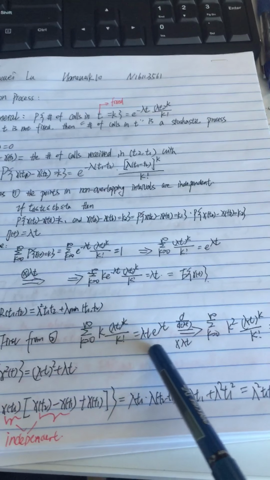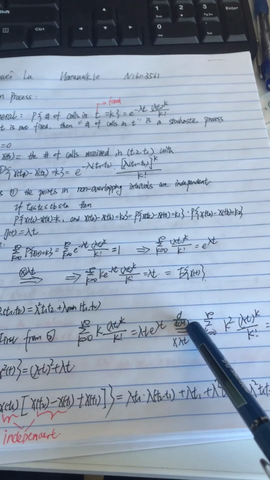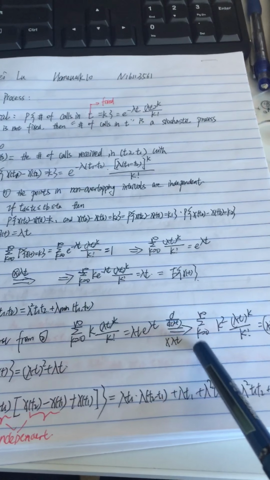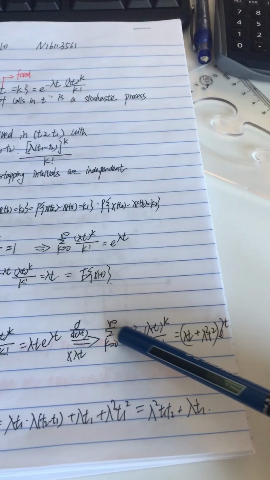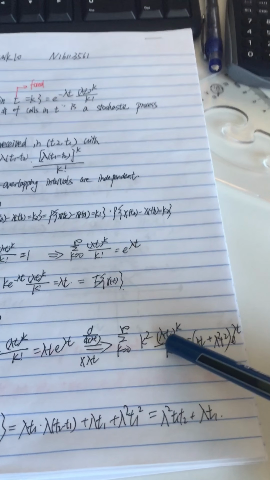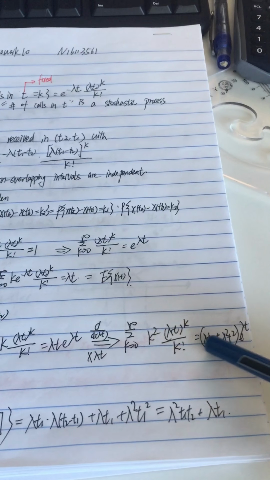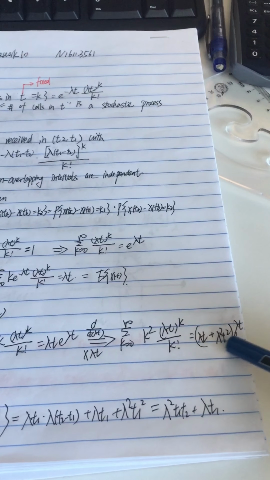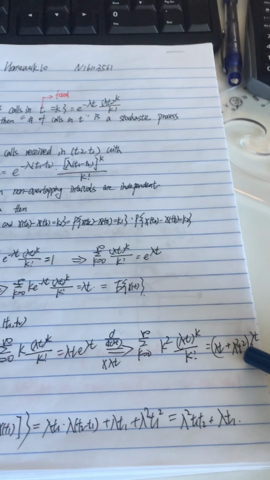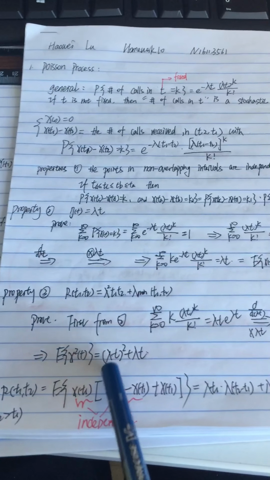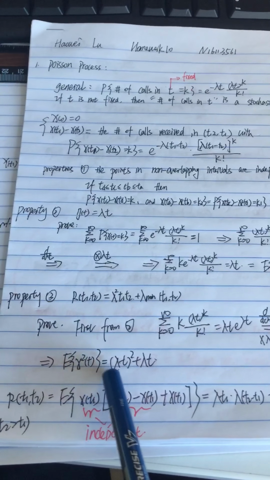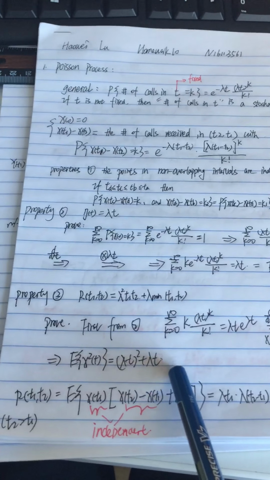So for this equation, we differentiate by lambda t and multiply by lambda t again. So we get that the sum of k from 0 to infinity of k squared lambda t to the k over k factorial is equal to lambda t plus lambda squared t squared, multiplied by e to the lambda t. So here we know that the mean of X squared is equal to lambda t plus lambda squared t squared.